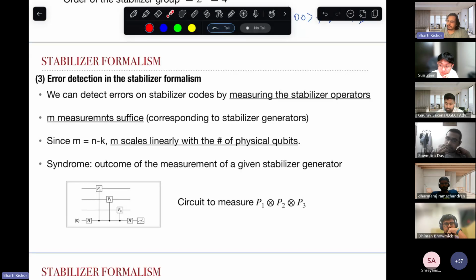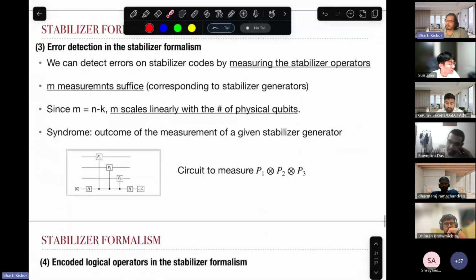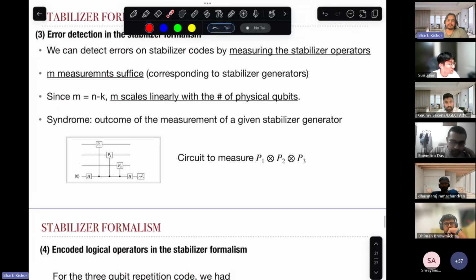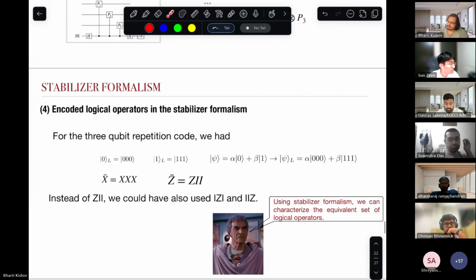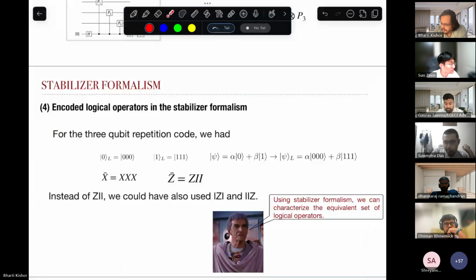Based on that you figure out that some disease has happened, where it happened, what the disease is, and so on. All that you can figure out by looking at the syndrome. So syndromes help you detect the error. Basically, we looked at error detection and the error detection circuits.